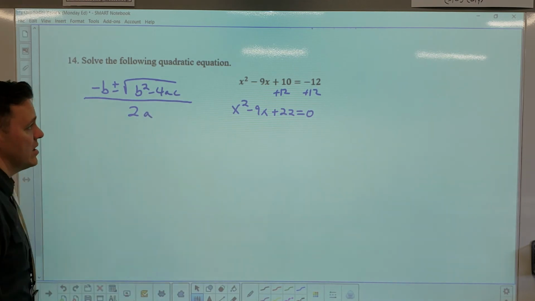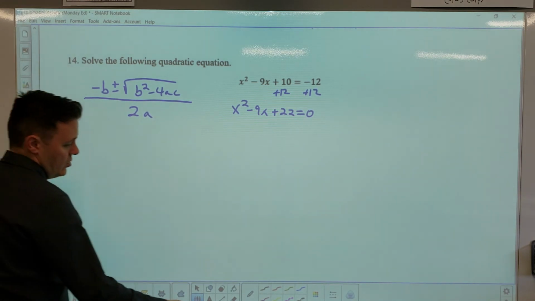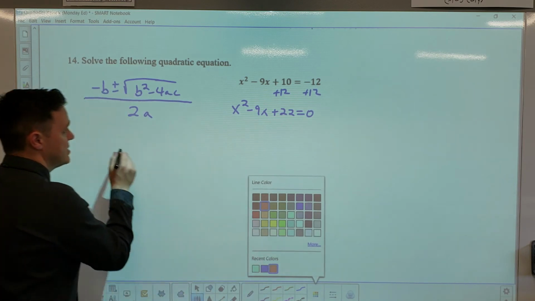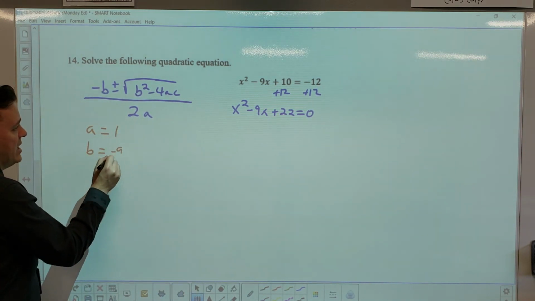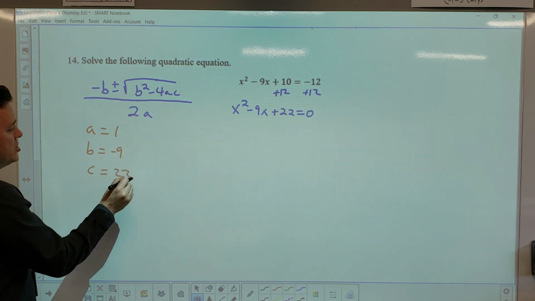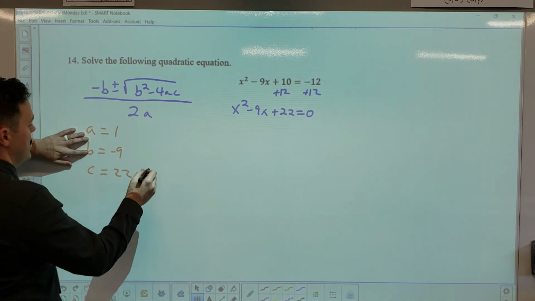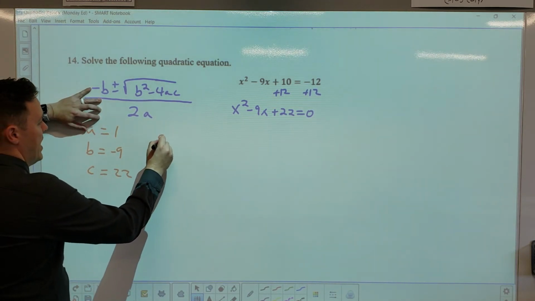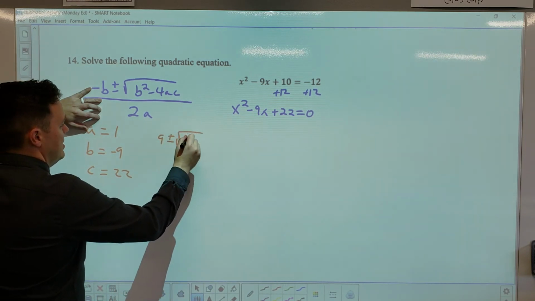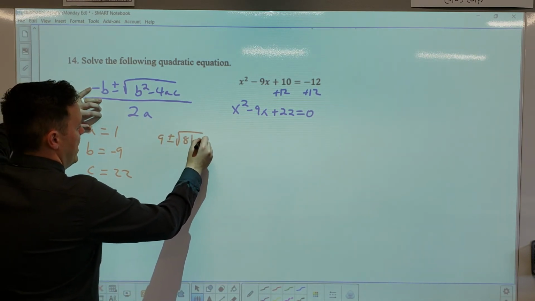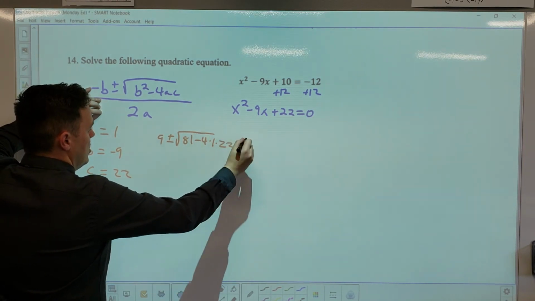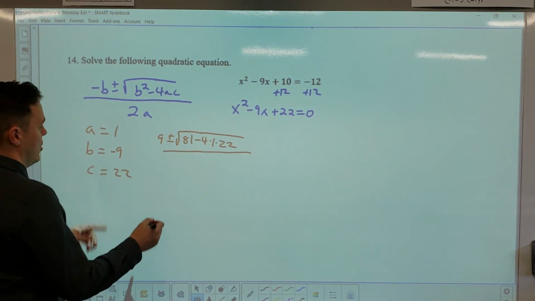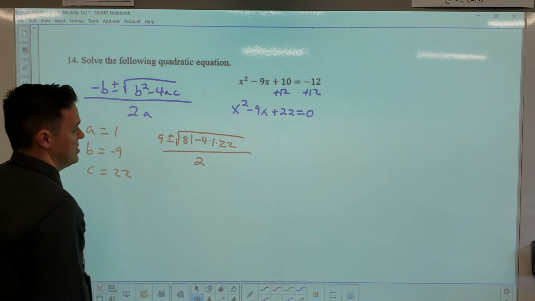All right, there's the quadratic formula. My a value for this one is 1, b is negative 9, c is 22. Then you fill everything in. So negative and negative is going to be positive. And this is going to be 81 minus 4 times 1 times 22. And then that's all over, don't make that mistake again, 2.